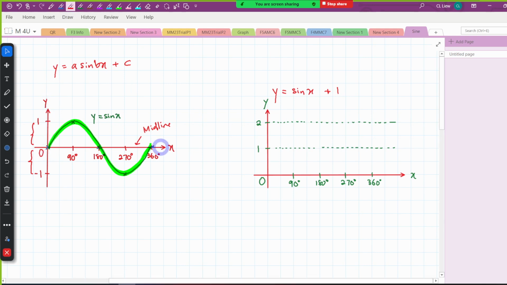We start from here, the midline. The midline is over here, right? So the first point is the intersection between the midline and the y-axis. Same thing here, the midline and the y-axis over here. First point over here, and then the second point is the maximum. The third point goes back to the midline, then goes down, then goes back to the midline. Just refer to this graph, and then we just connect all of them together.